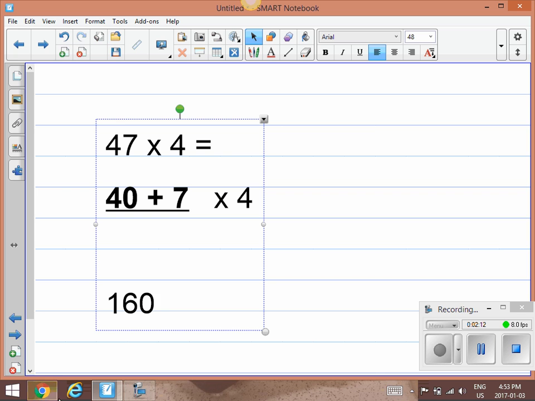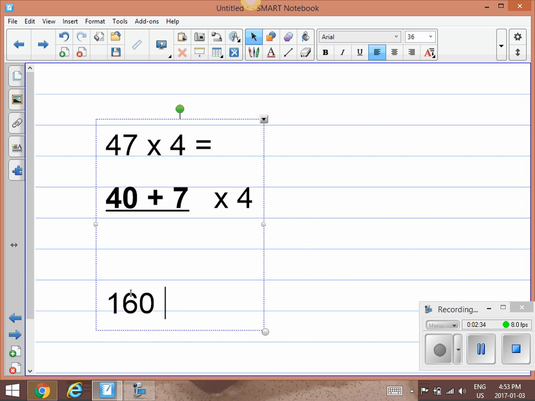We know that 47 is larger than 40, but by doing this front end first, we know that our answer has to be larger than 160.